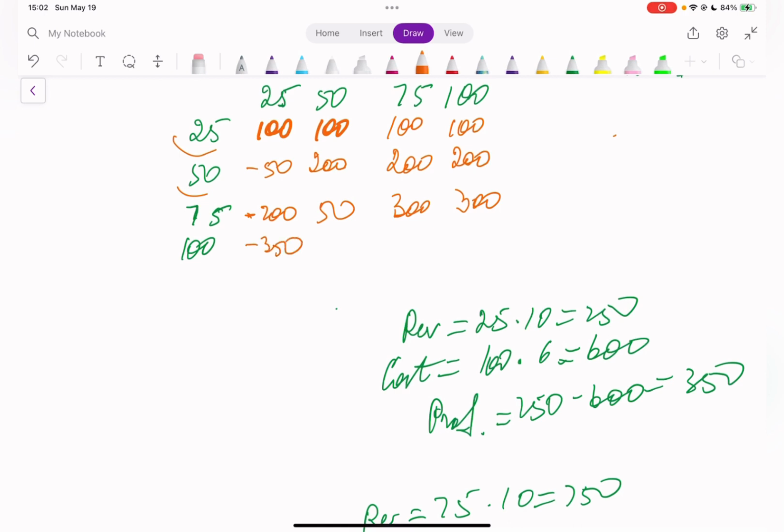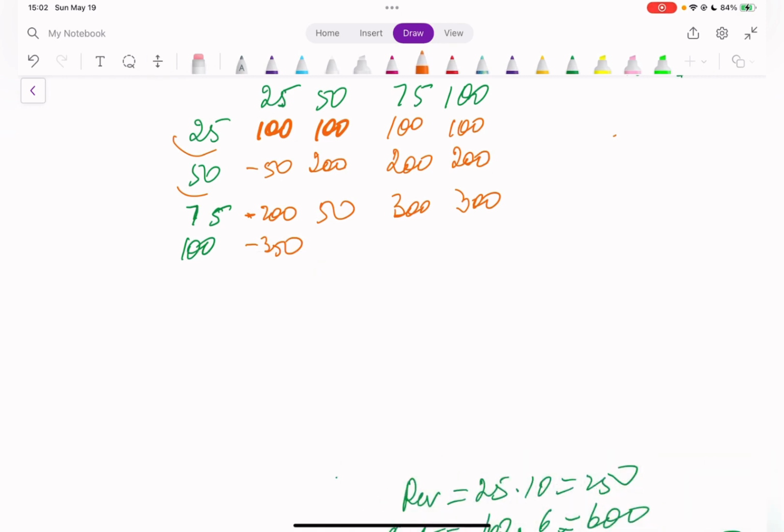Now the case where we have demand 50, a little bit higher demand. So revenue is 50 times 10, 500. Cost, it's going to be 100 times 6, 600.